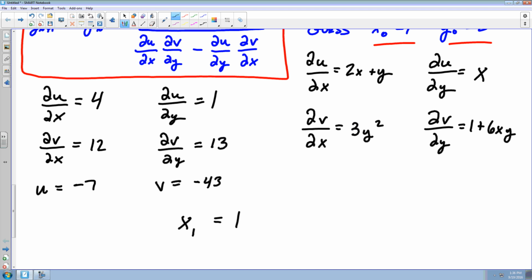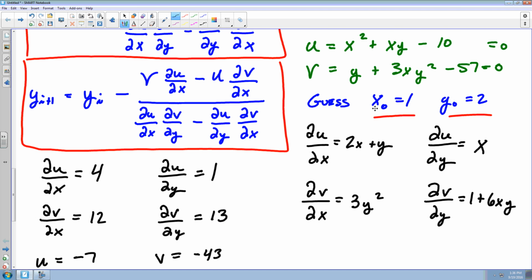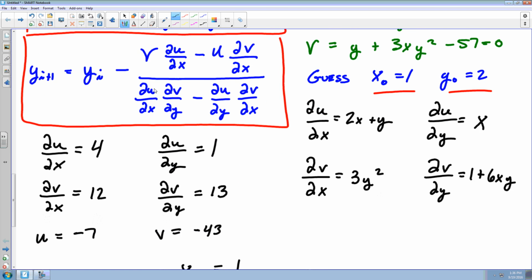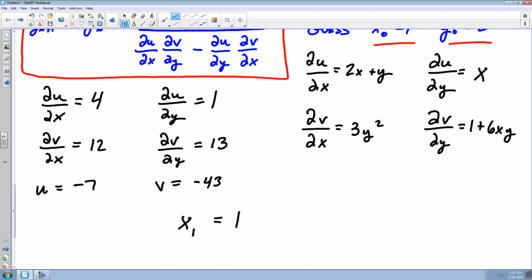X naught is 1, right? 1 minus u times partial v with respect to y. So this is minus 7 is u times partial v with respect to y 13 minus v, which is negative 43, times partial u with respect to y. Partial u with respect to y is just 1.